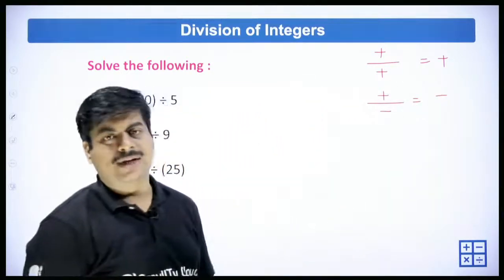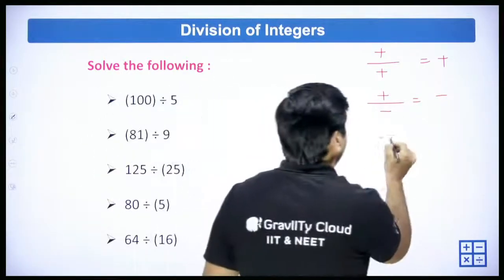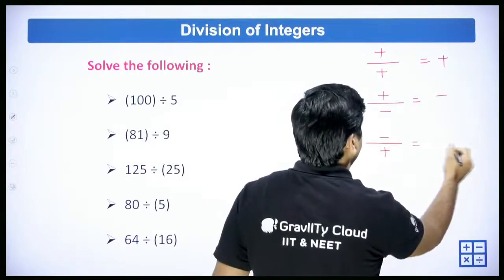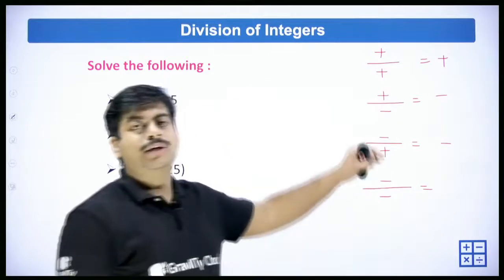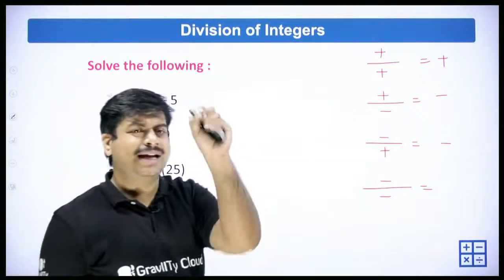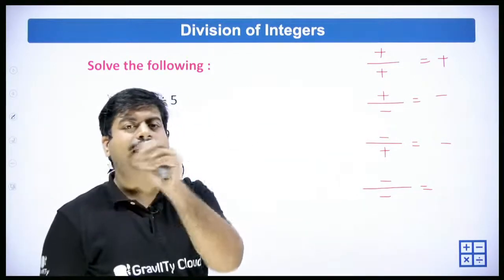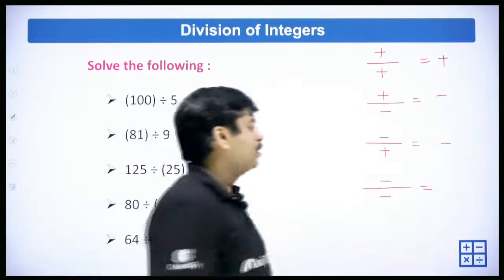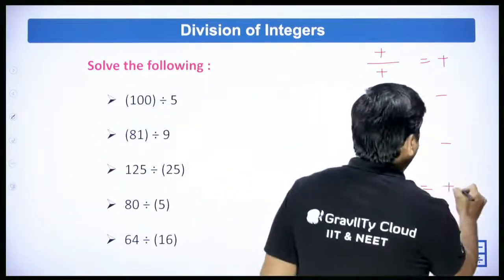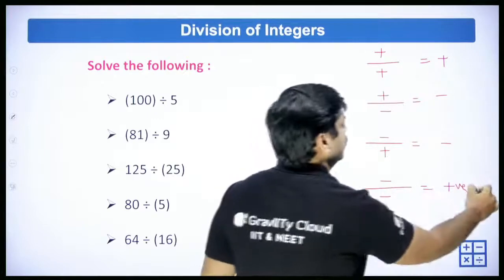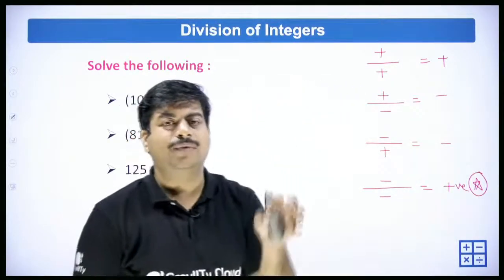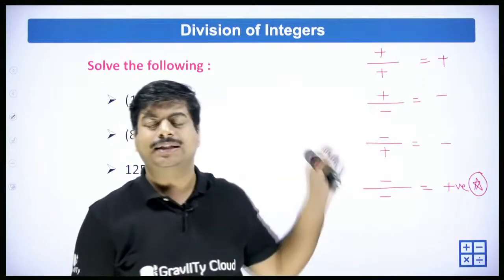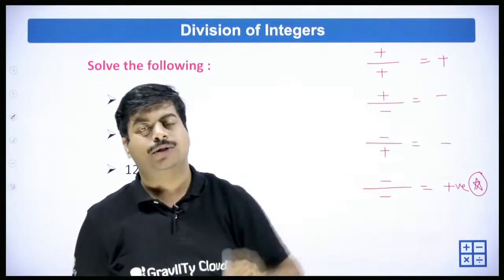In multiplication also we get the same thing, right? Negative divided by positive is also negative. Negative divided by negative, that is very important. Just like negative into negative is positive, negative divided by negative is also positive.